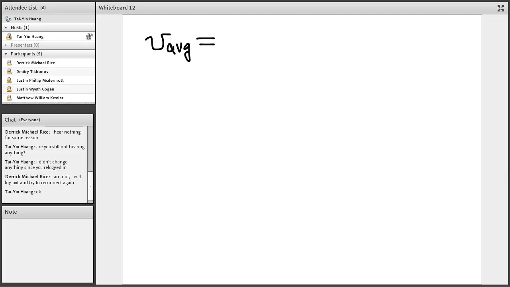The average velocity is, let's see, the square root of 8RT over pi m. So this is the average velocity of, let's say, 10 to the 27 of this sort of molecules.